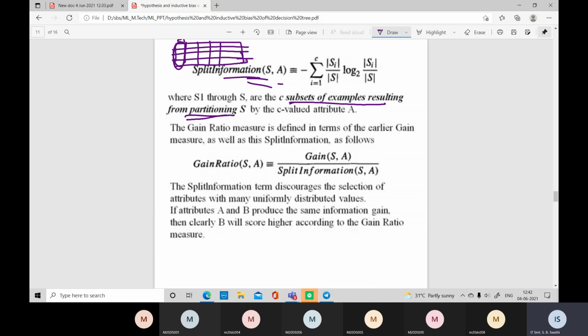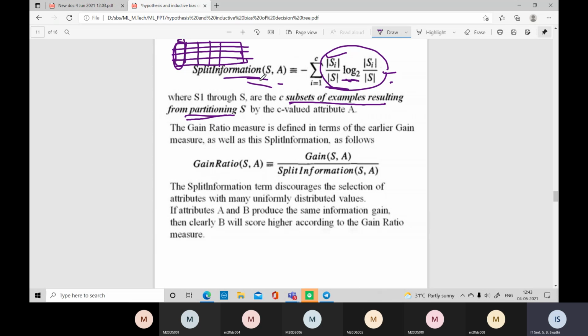How many samples you want to take for the first attribute, that is Si. Capital S is the total number of samples for that particular attribute. And we apply this log formula. Likewise, we apply this formula for each and every attribute and find out the value.